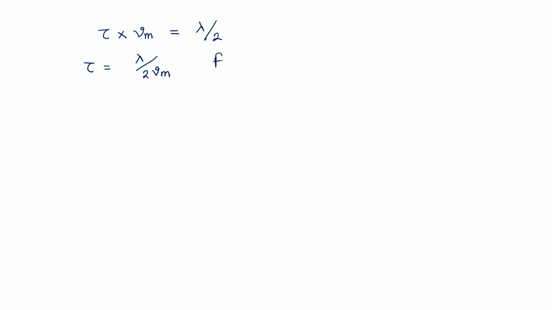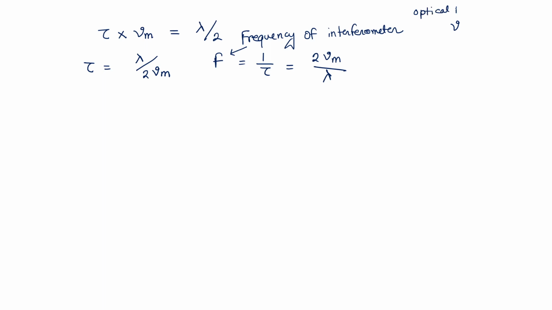Now the frequency f, frequency of interferometer, is 1 by tau, which is 2 Vm by lambda, and lambda is the wavelength, and we know that the optical frequency nu is c by lambda.